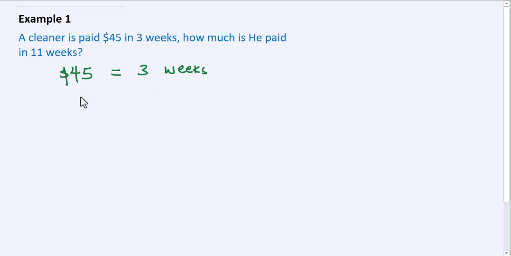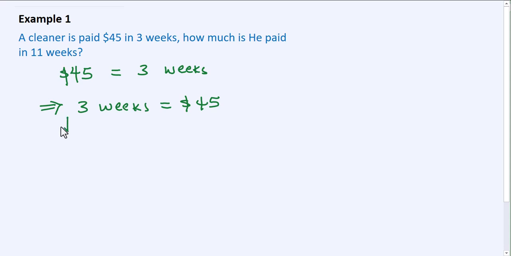Okay, so you can also write this thing this way. 3 weeks is equal to 45. I think it's more clear this way, but whatever way is correct. So let's divide both sides by 3 to figure out the cost of 1 week.